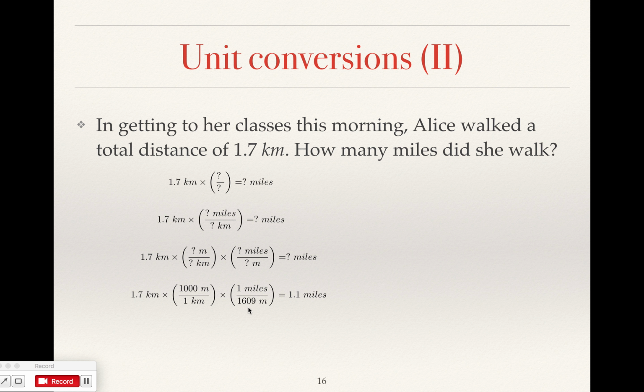Now this is not an exact conversion, but this conversion actually has 4 sig figs, so 1,609 meters, but I'm multiplying by my original number with 2 sig figs, so my answer should have 2 sig figs. So 1.7 times 1,000 divided by 1,609 to 2 sig figs is going to leave me with 1.1 miles.